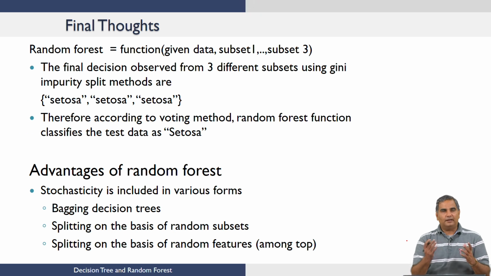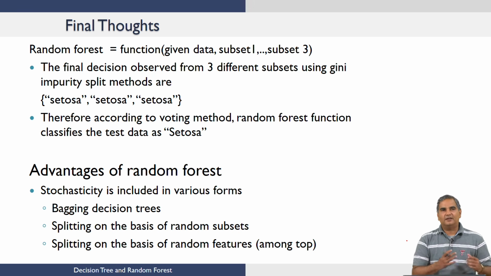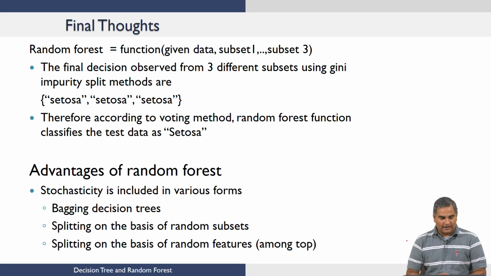So, basically you try to make yourself immune to fluctuations in data by the multiple data sets that you generate, and when all of them overwhelmingly say something is a result, then it is likely to be correct than just depending on one decision tree. So, that is the idea of random forest.